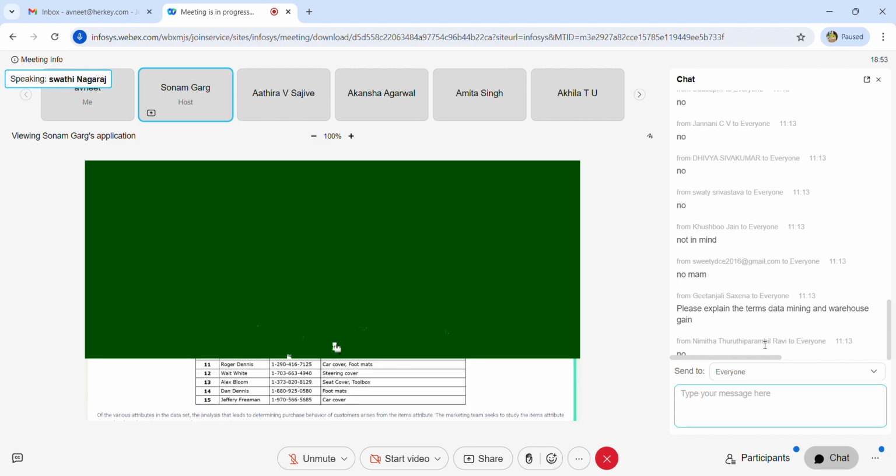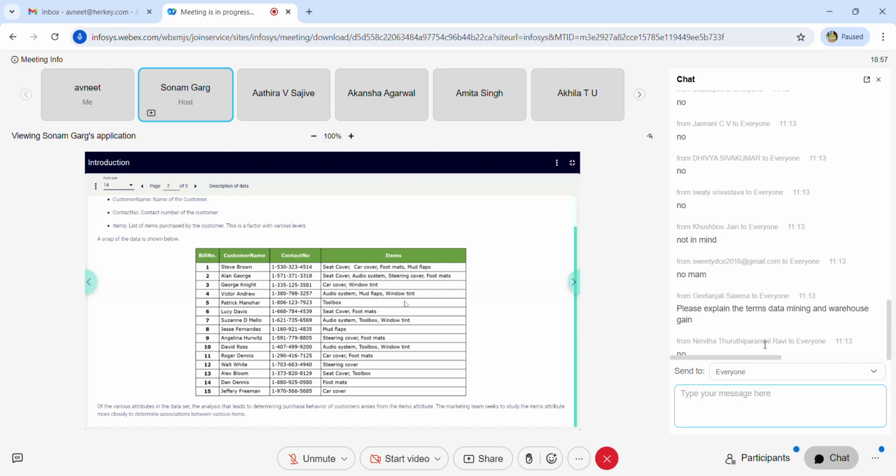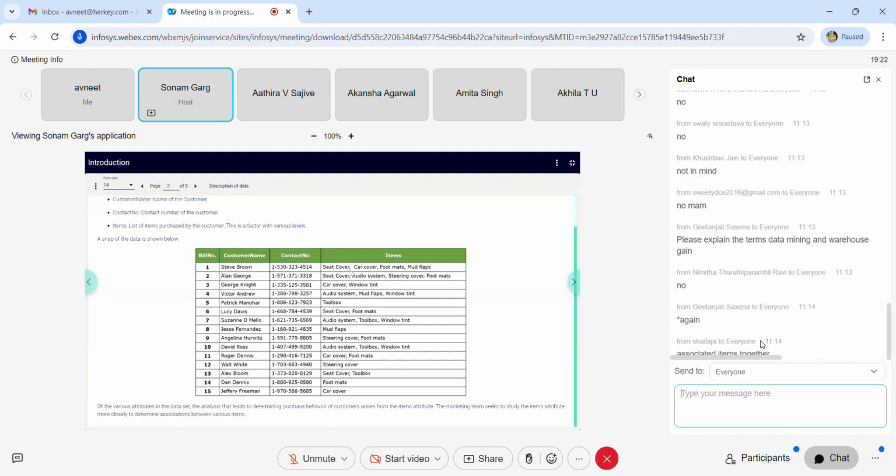If you have this data on the screen and I ask you which items should be stocked together, if you have a supermarket, based on this understanding you want to get an idea of whether I should put foot mats with the seat cover, or let's say somebody is buying a seat cover, and now I want to suggest to this person, maybe you are also interested in buying a car cover. Yes, associated items. So how will you do this?